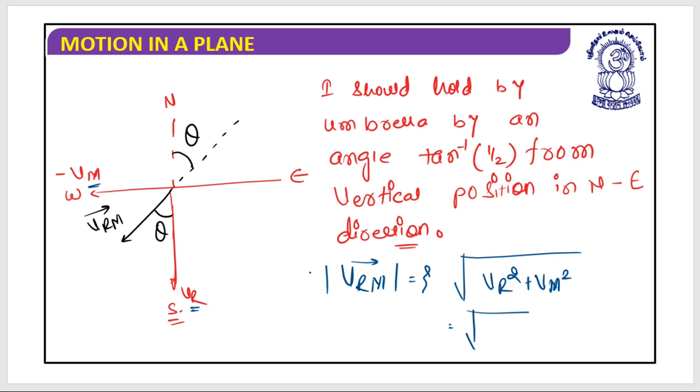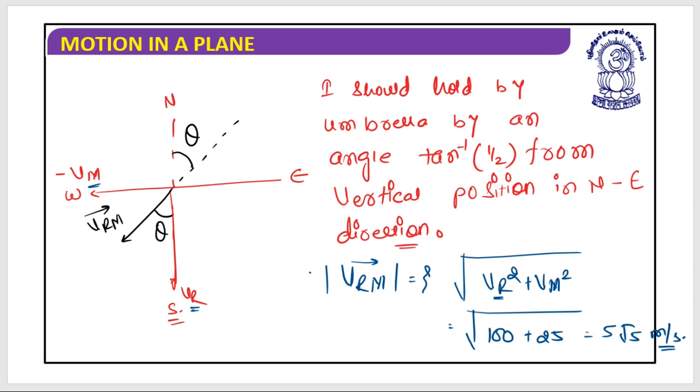So that should be equals to under root of Vr, it's 100 plus 5, it's 25. So this is under root of 125, and 125 can be written as 25 into 5. So this is 5 root 5 meter per second. This is the velocity of rain as perceived by a man. This is the situation. I hope those things are clear.